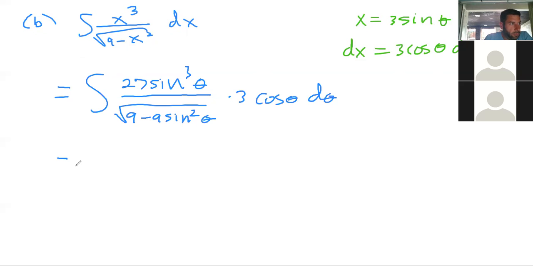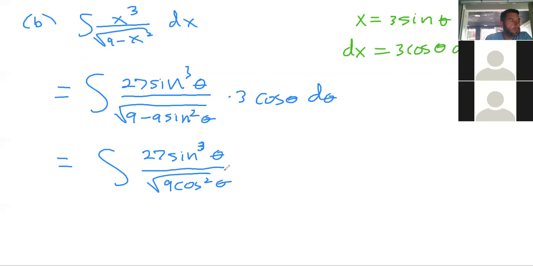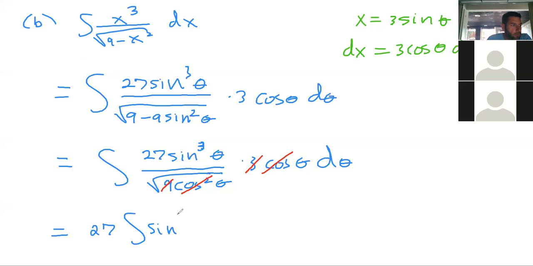The reason this substitution works is because what happens downstairs is this just becomes the square root of 9 cosine squared. And so the square root will be eliminated because this goes with this, and then this goes with that. And so it simplifies down to 27 times the integral of sine cubed theta d theta.